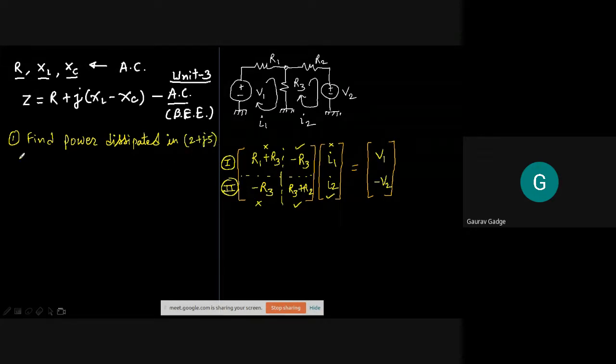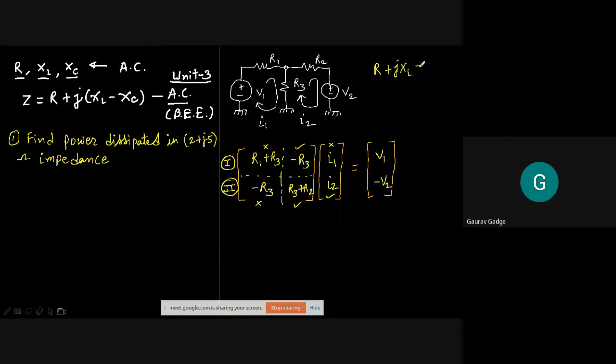My question is, find the power dissipated in the 2 plus J5 ohms impedance. Now you can see how it is written here, like 2 plus J5. So what is 2 plus J5? It is R plus JXL.